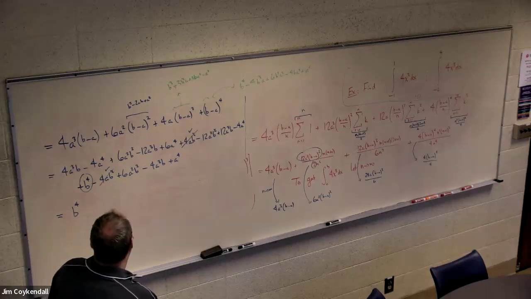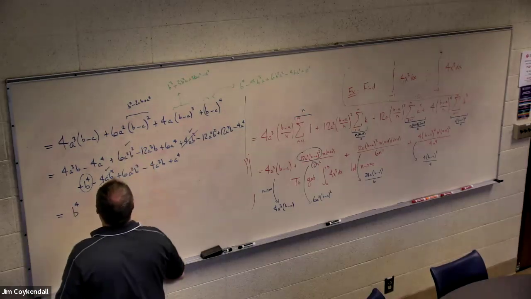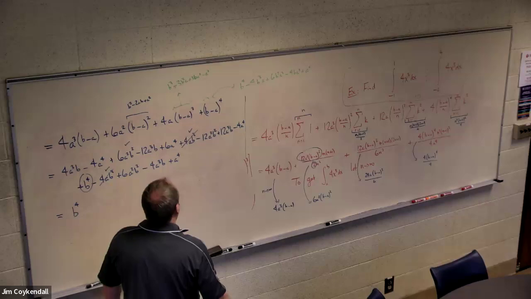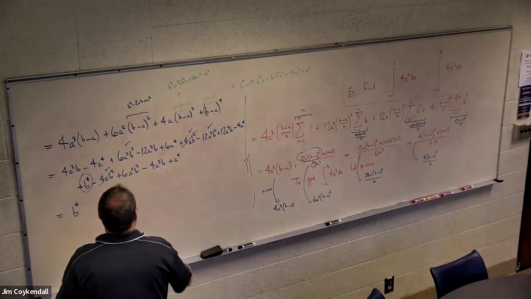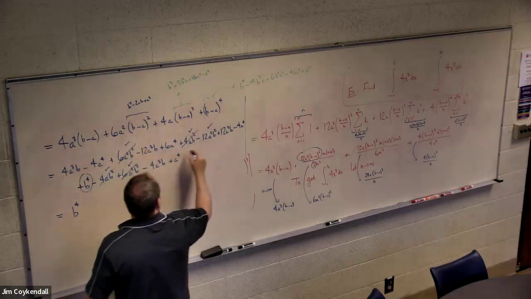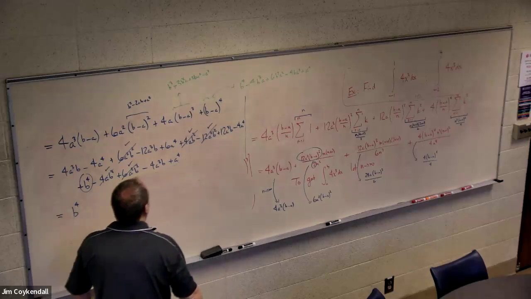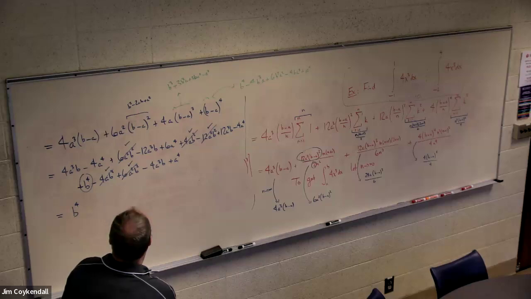How about a squared b squared terms? There's a 6a squared b squared minus 12a squared b squared plus 6a squared b squared, and they cancel. How about a cubed b terms?